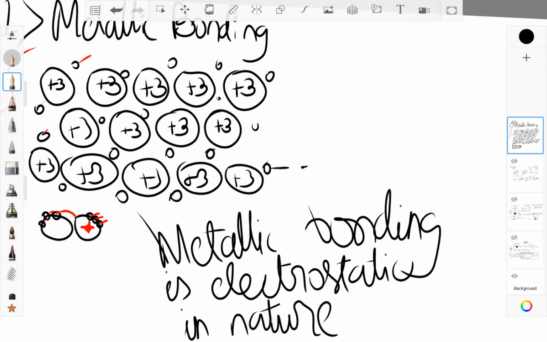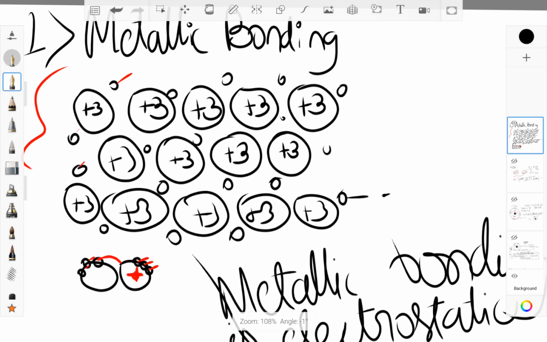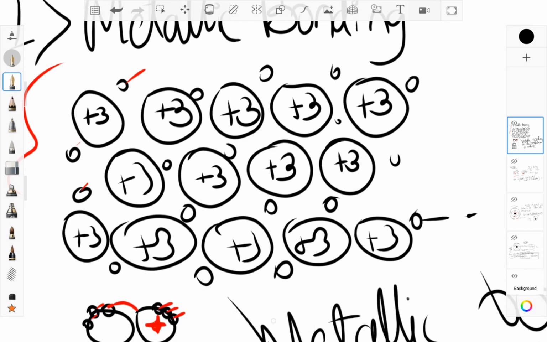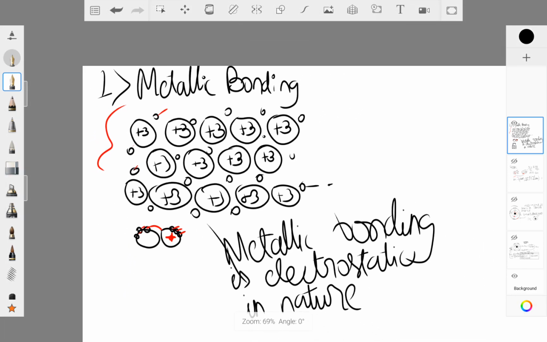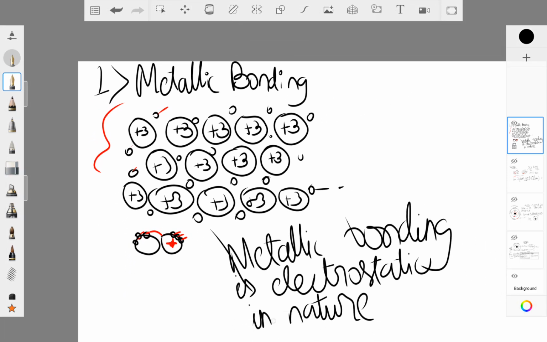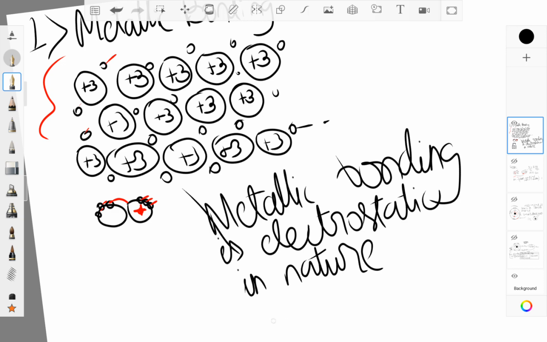What this means is that the negatively charged electrons are attracted to the positive cations and basically hold, and because of this, all the particles are held together very tightly due to electrostatic forces of attraction. Thus, we say that metallic bonding is electrostatic in nature.